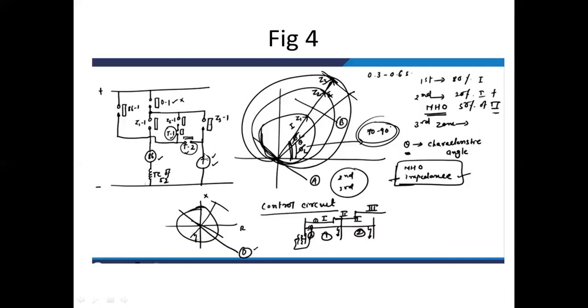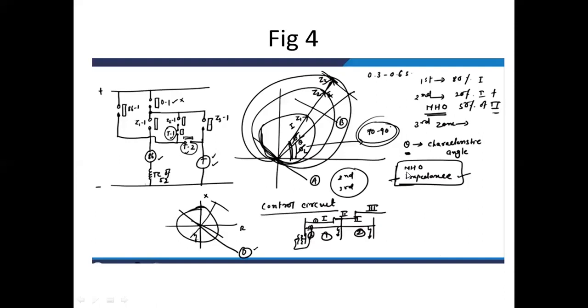If I use the Mho type, then this unit is not required, because the Mho type is inherently directional. So if a fault occurs on the reverse side, then this relay does not operate. But if I use an impedance relay, then it is not an inherently directional unit.